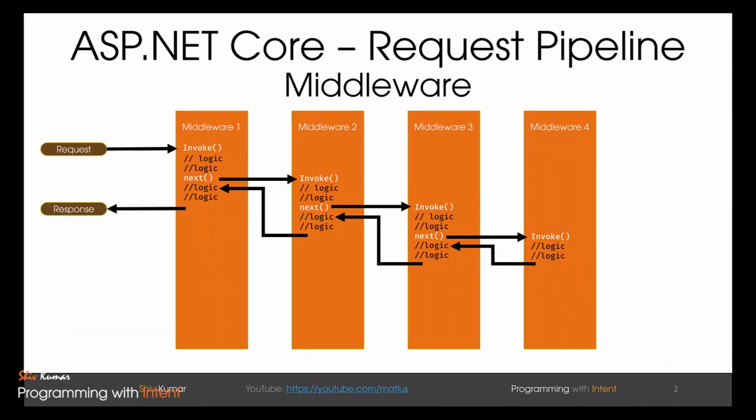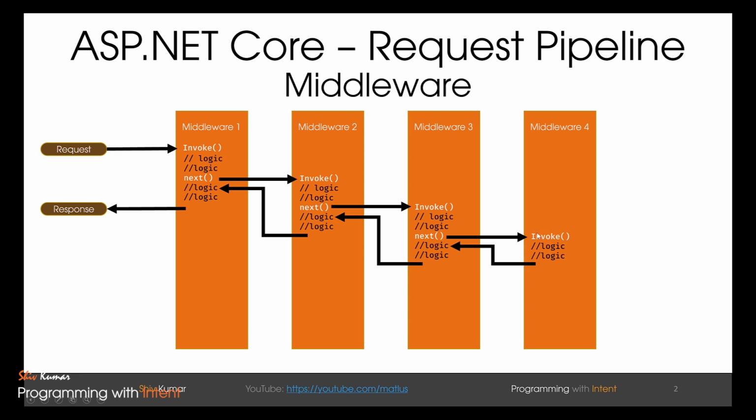But hopefully this diagram here is making sense. They're just method calls. So imagine every time you make a method call to something else, some other class, when that class finishes with the method, it returns back to your call side, right? So that's kind of like what's happening here. It may not be obvious, but essentially, when the pipeline calls Invoke on the first middleware, it then continues doing some logic here until it hits the next. The next is the call to the next middleware that also has the Invoke, and so on.